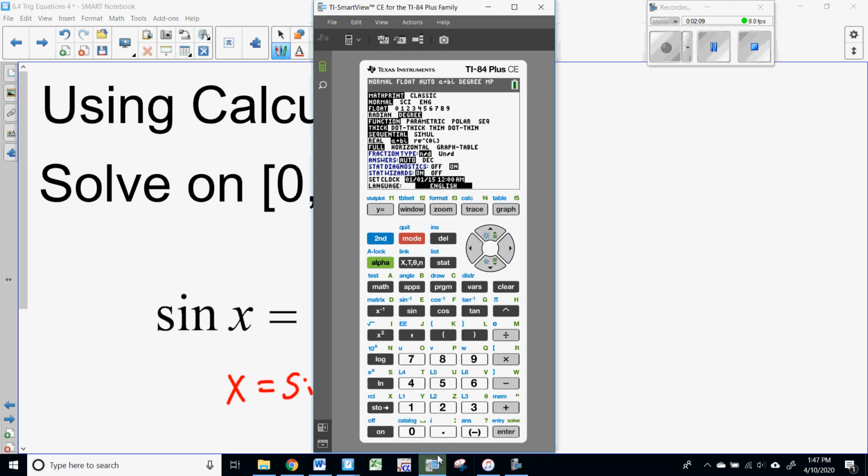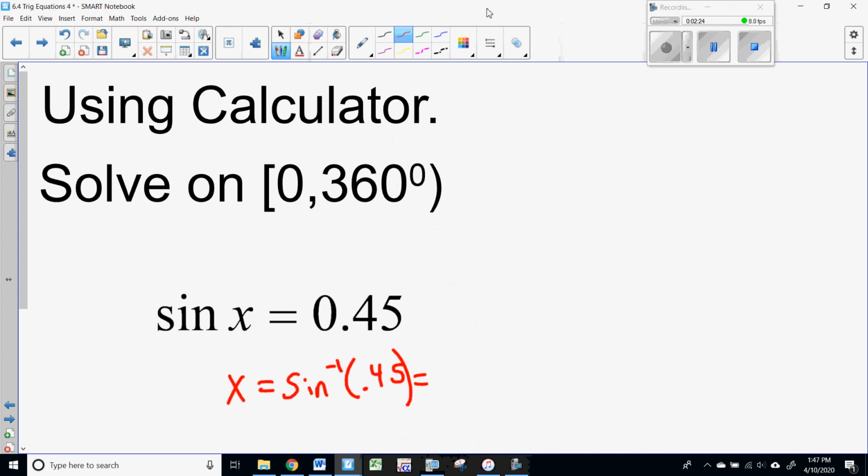And if we do that on our calculator, we just say inverse sine of 0.45, and we get 26.744. So our angle is 26.744 degrees. However, we're solving it on 0 to 360.